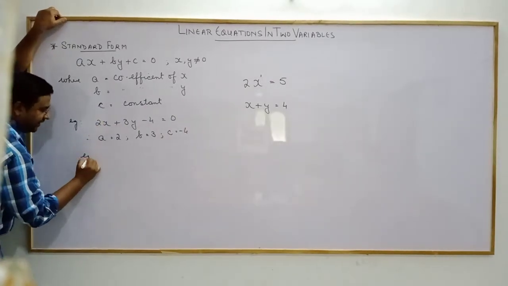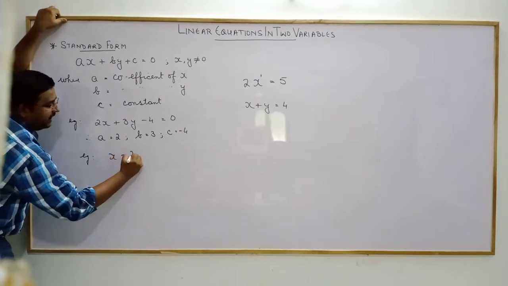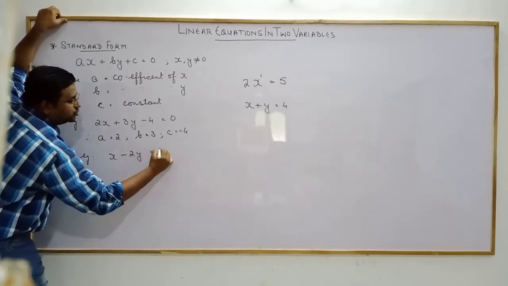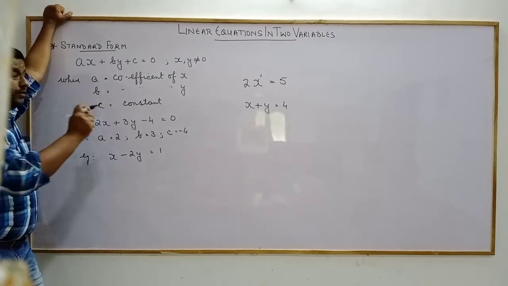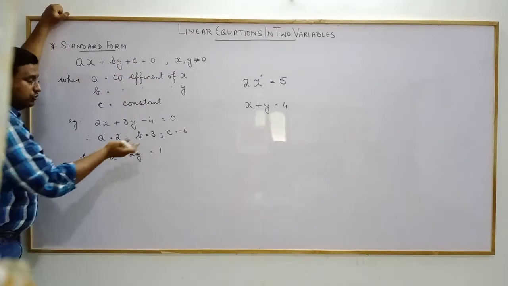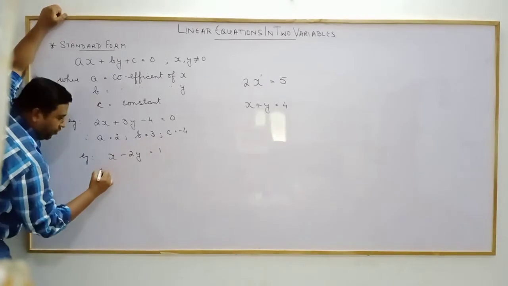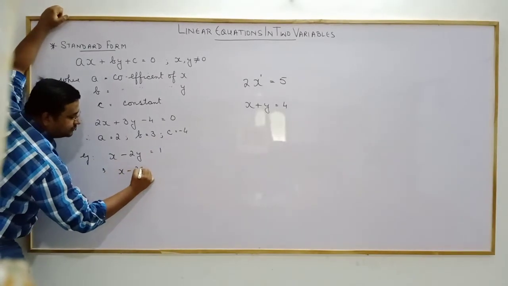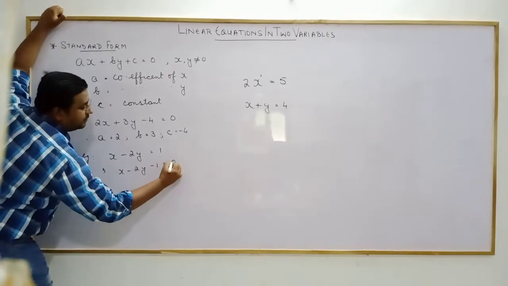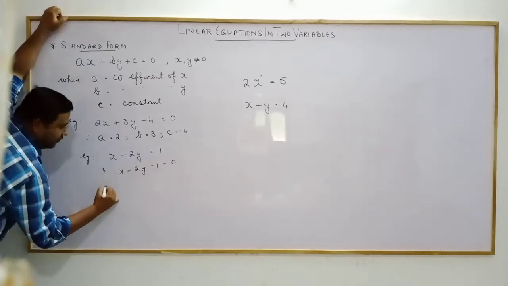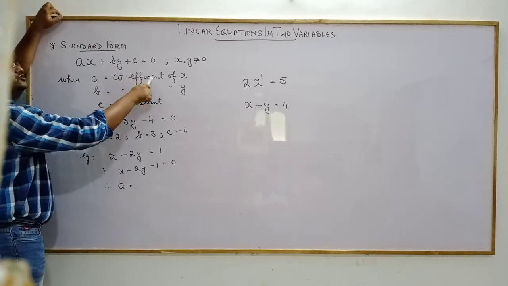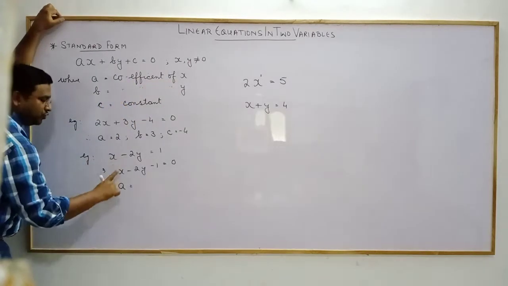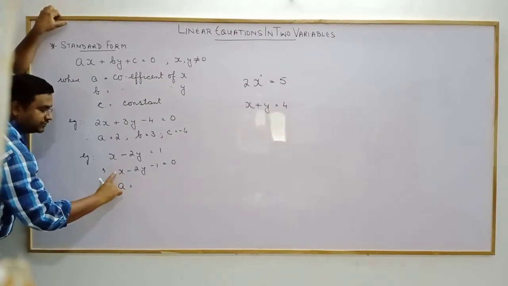For example, if I take another one, x minus 2y equals 1. Is it in the standard form? No, because it is not equal to 0. So we will transpose this plus 1 over here. What do I get? x minus 2y minus 1 equals 0. Now if I say a, how much is a? The coefficient of x. What is the coefficient of x?